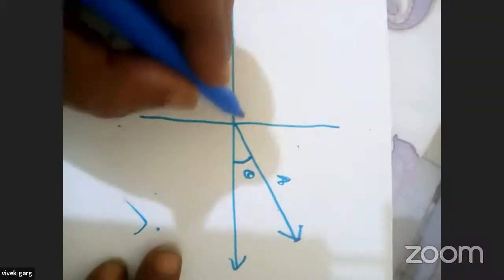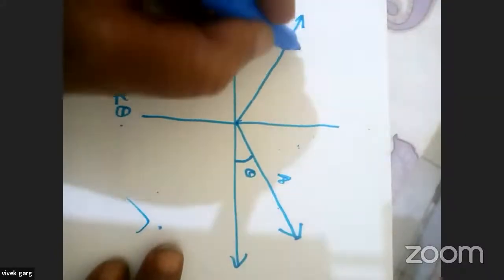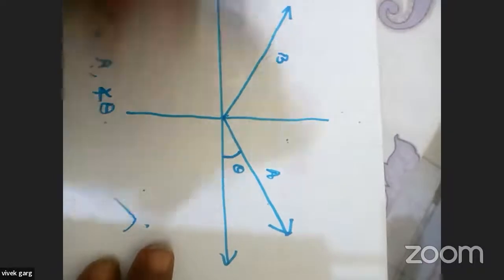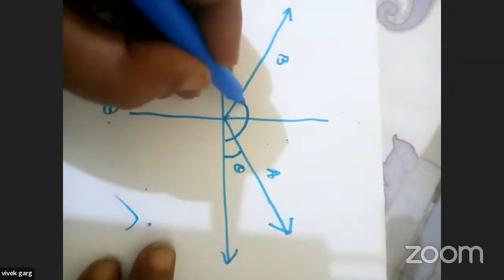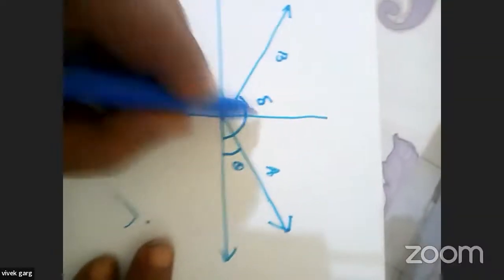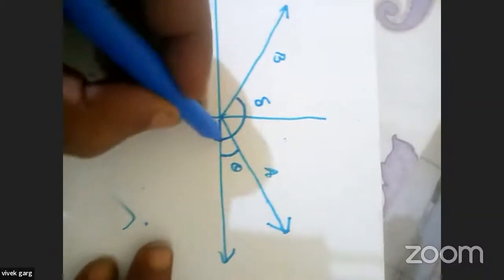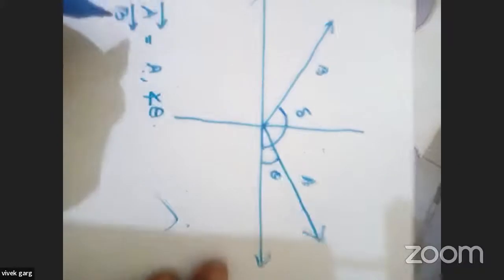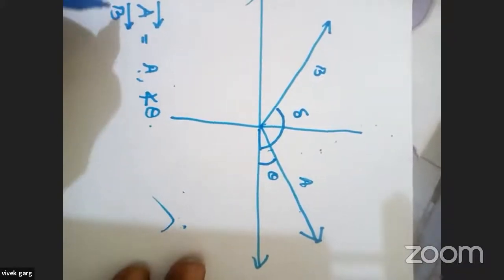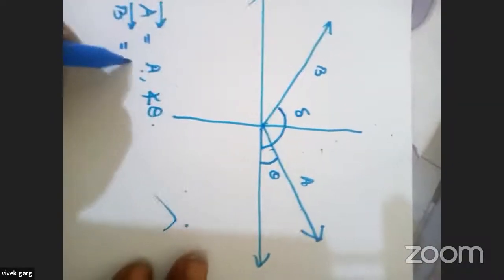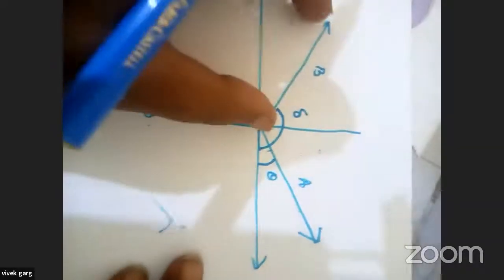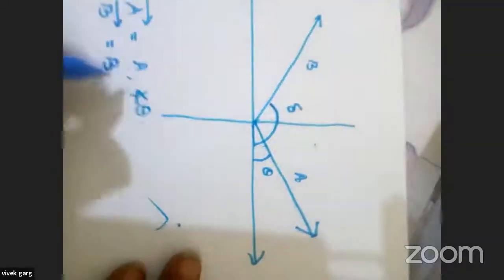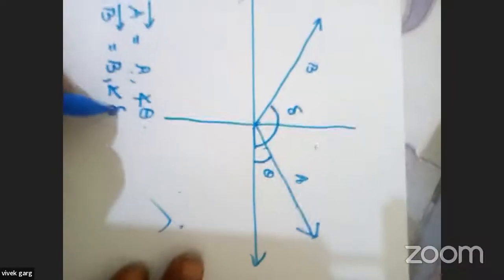If I represent another vector B, then its angle will be represented like this, delta. I am still taking the angle from the positive x-axis. So a B vector, again, means there is an arrow on top, represented by its magnitude or length, and its angle, delta.